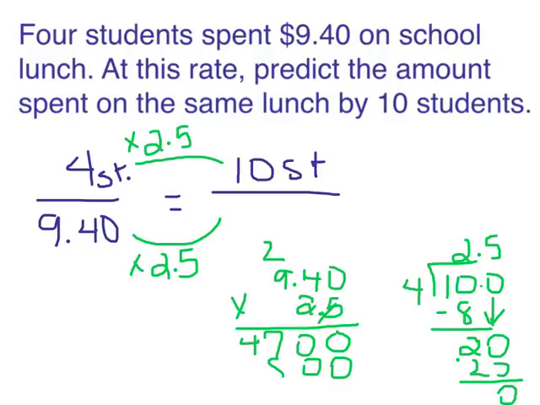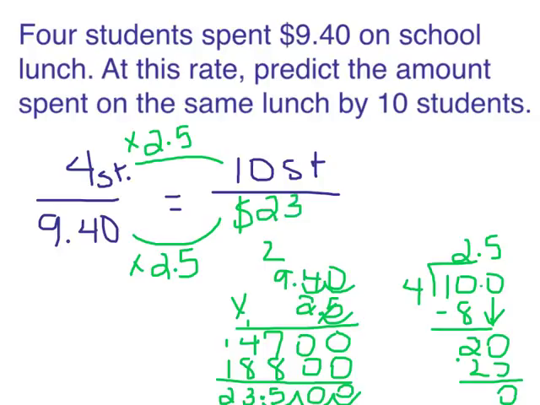I add, and I count my decimals. 1, 2, 3. 1, 2, 3. I know that my answer is $23.50. This answers the question, how much is spent on the same lunch by 10 students? 10 students spent $23.50.